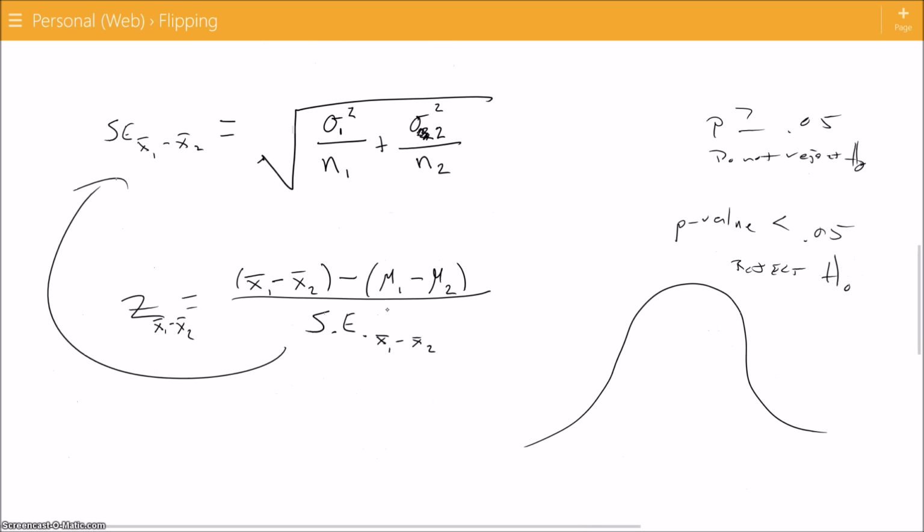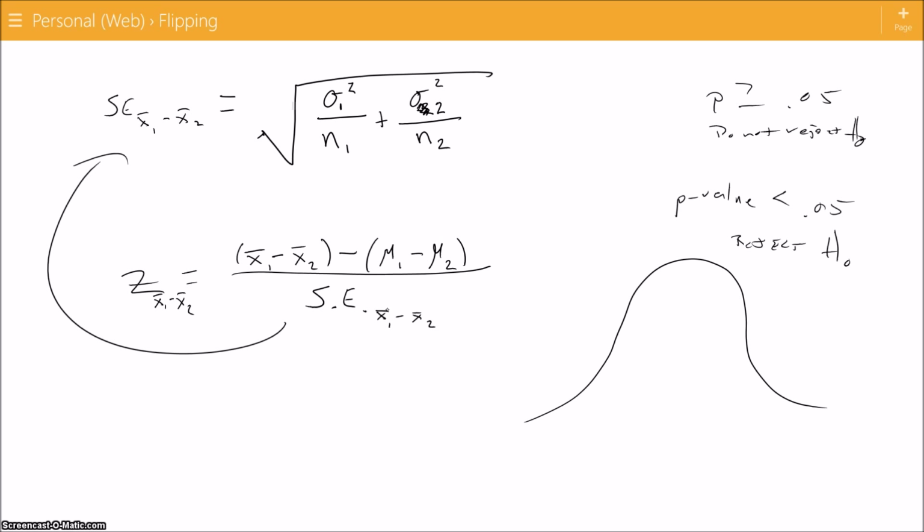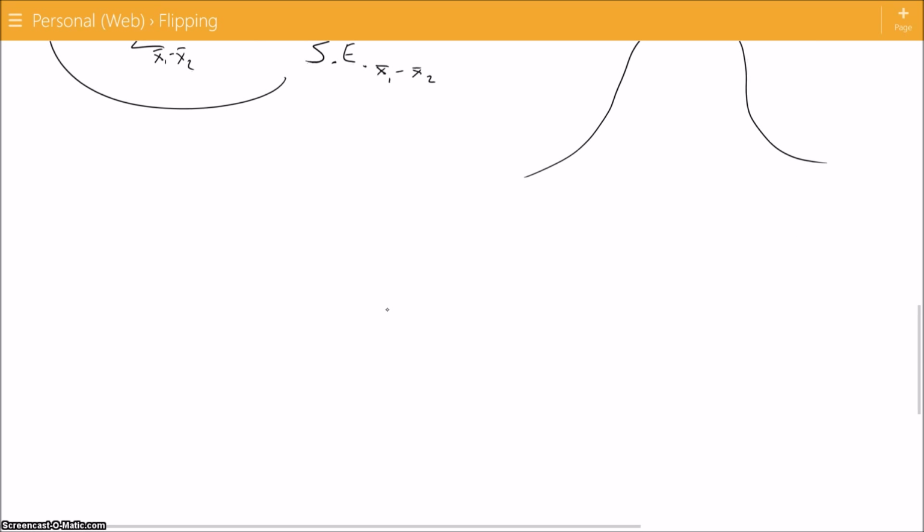All right. So let us take a look at how this might be used. Let us say that I have got two college dorms.